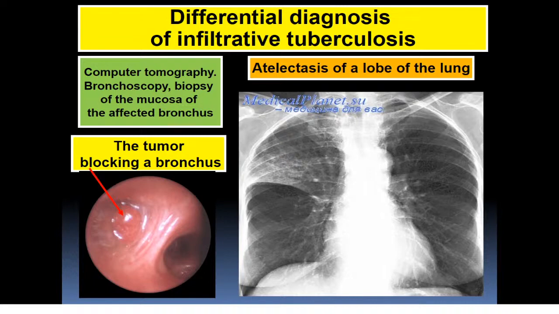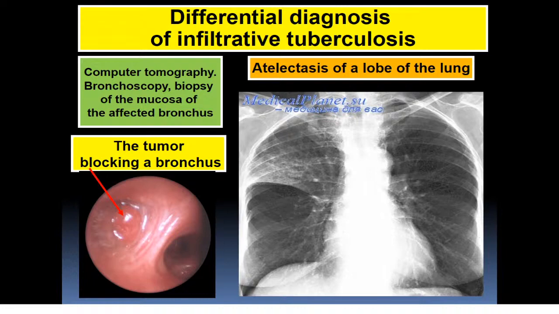Next differentiation: atelectasis of a lobe of the lung. For confirmation of this problem, we should use different methods of examination, for example, computer tomography, bronchoscopy, and biopsy of the mucosa of the affected bronchus.